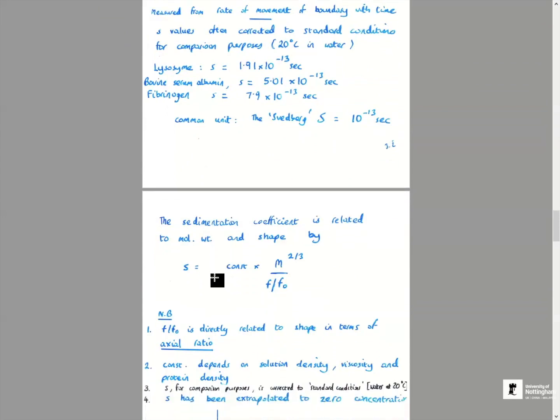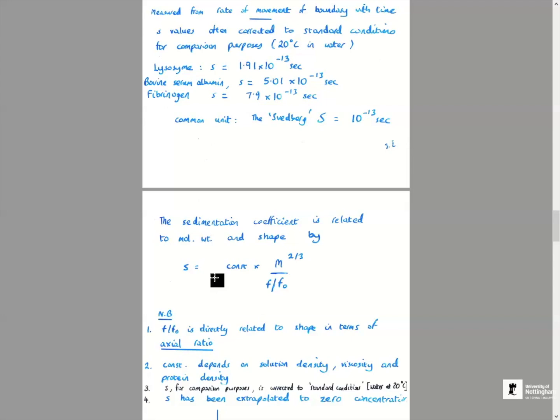So S is a constant, which depends on things like R, the gas constant, temperature. V bar, what's V bar? V with a bar across it. The partial specific volume, yes, the volume per unit mass. The density.